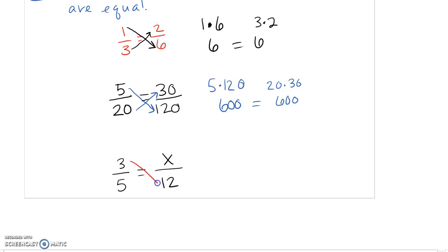Well, 3 times 12 is 36, and 5 times x is 5x. I don't know what x is, but I know that those two have to be equal. Now I have an equation that's pretty easy to solve. Divide both sides by 5, and I would get 7.2 equals x.